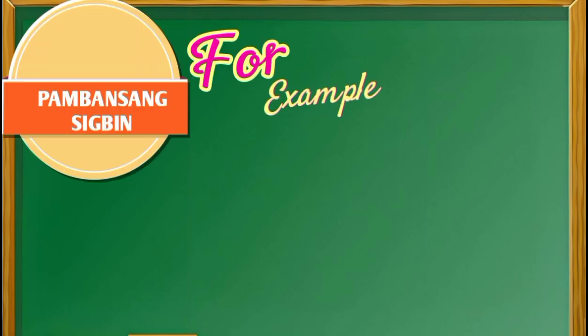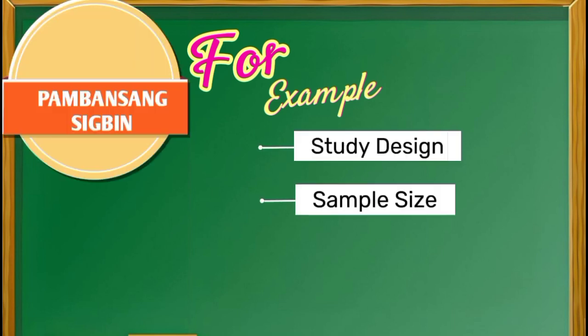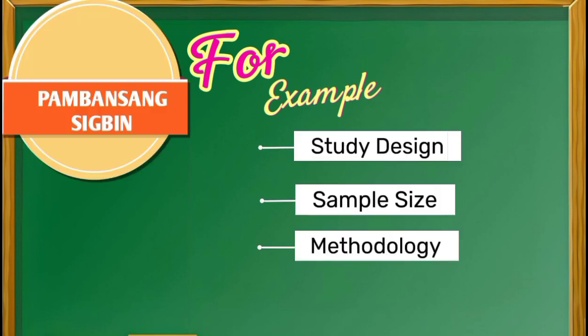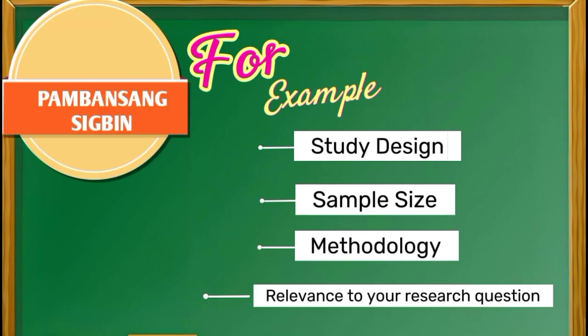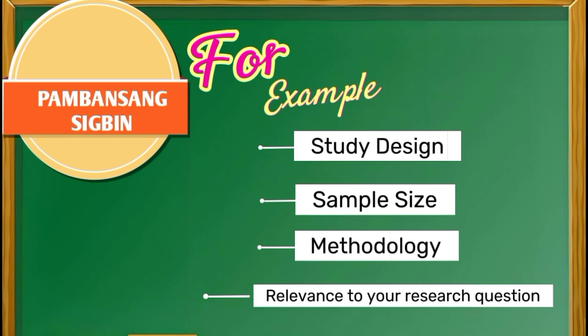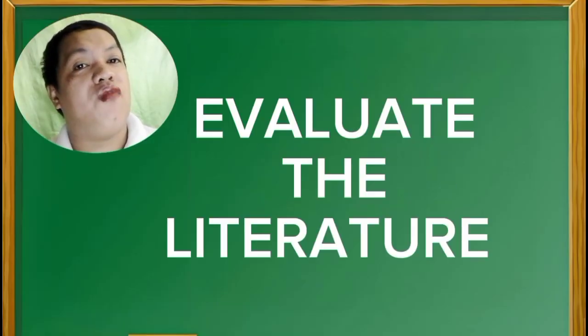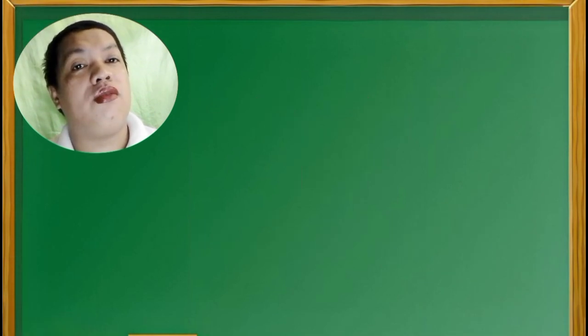Example, you might evaluate the literature based on factors such as study design, sample size, research methodology, and relevance to your research questions and of your research title or thesis title. That's step 4. Remember, you need to evaluate the literatures you gathered or literatures you searched.